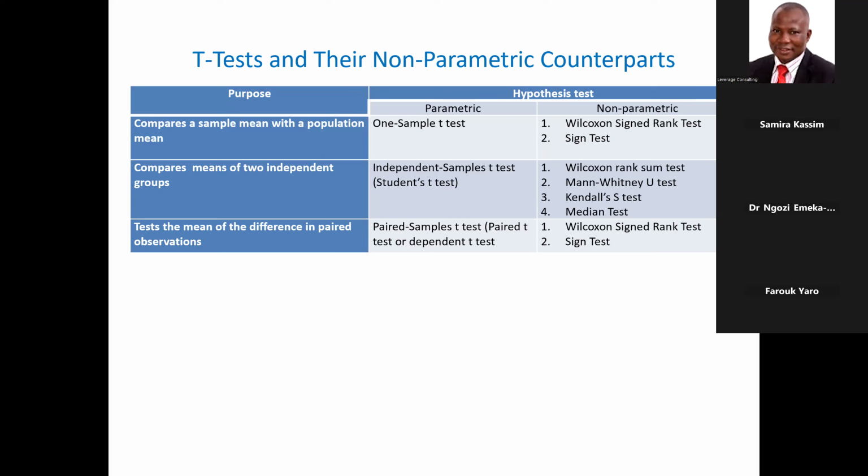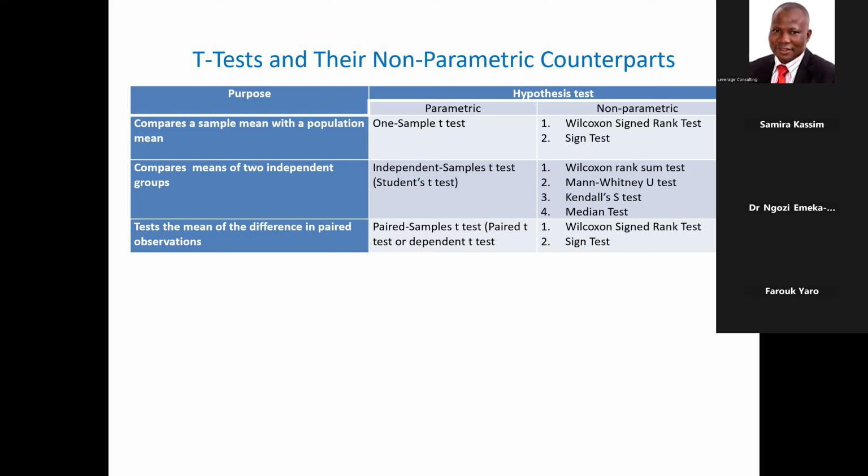Then to compare means of two independent groups, the parametric test used is the independent sample t-test, commonly known as the student t-test. The non-parametric counterparts are the Wilcoxon rank sum test, Mann-Whitney test, Kendall test, and median test.